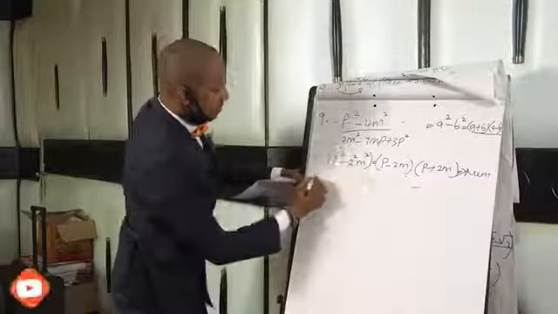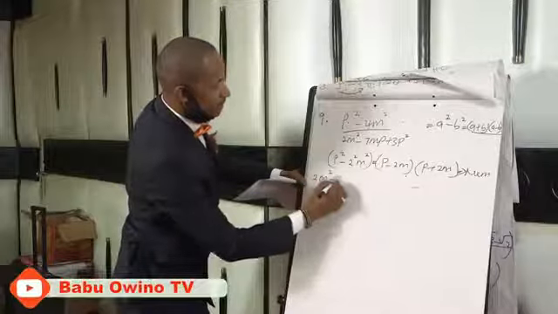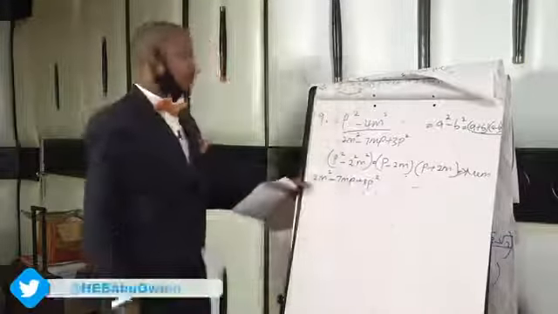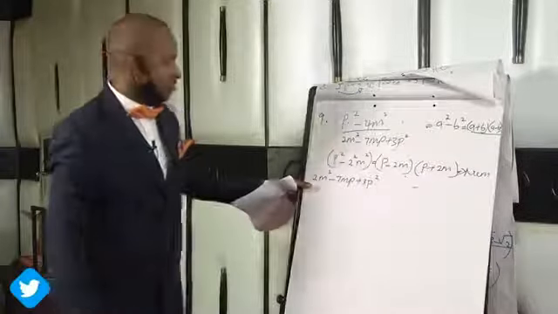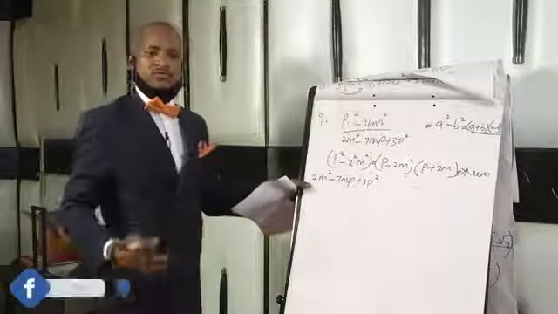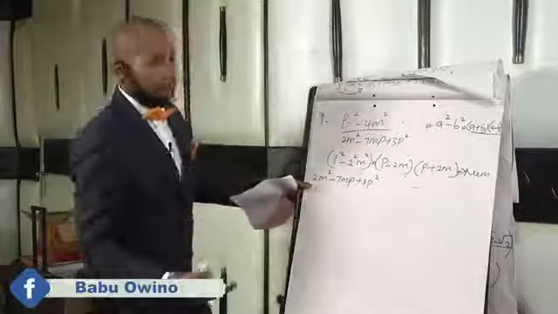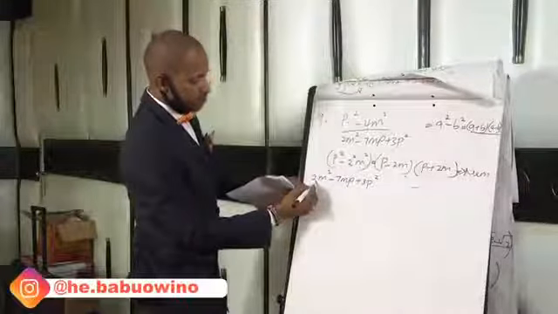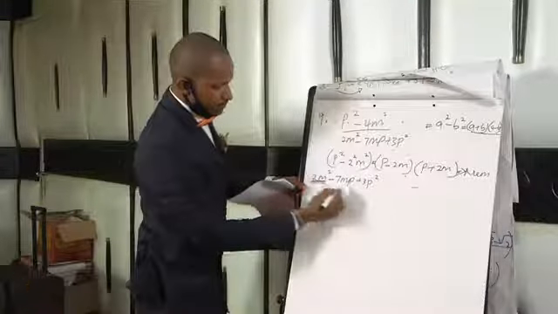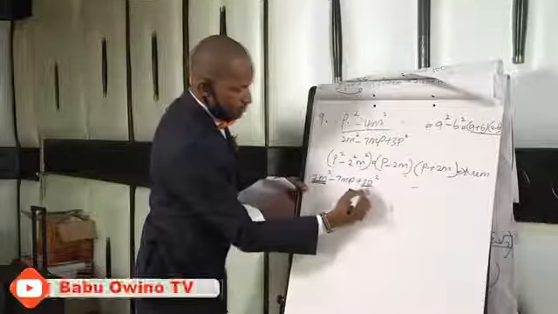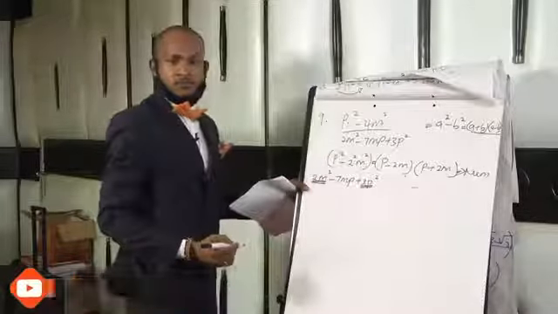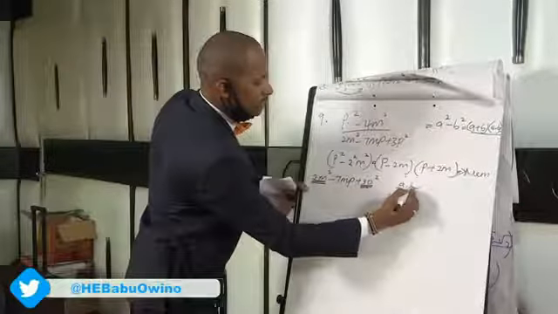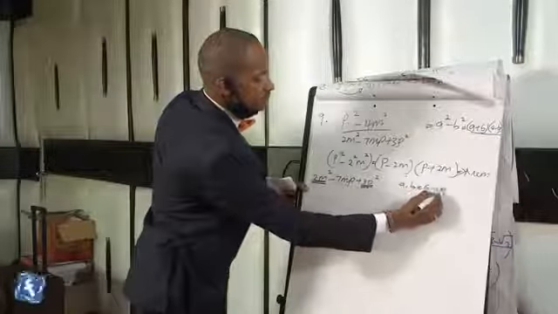At the denominator, we have 2m squared minus 7mp plus 3p squared. This is a quadratic expression, and we solve it just by factorizing. Look for two numbers that when you multiply give you 2m squared times 3p squared, so the product is 6mp.